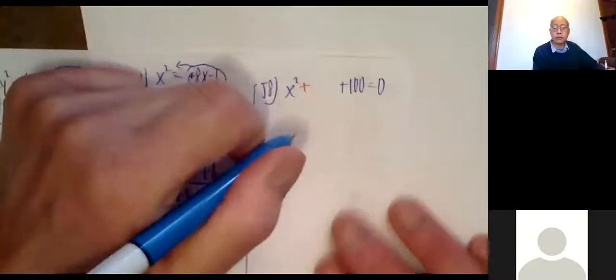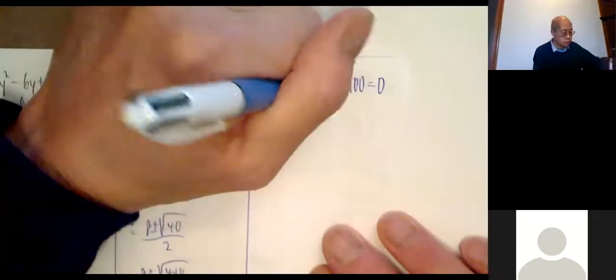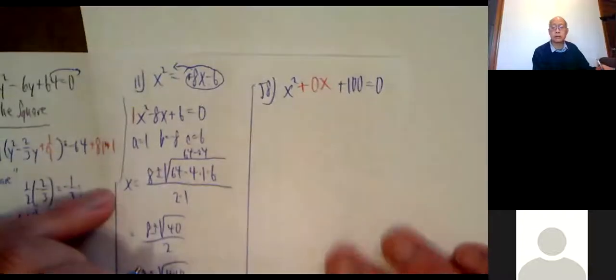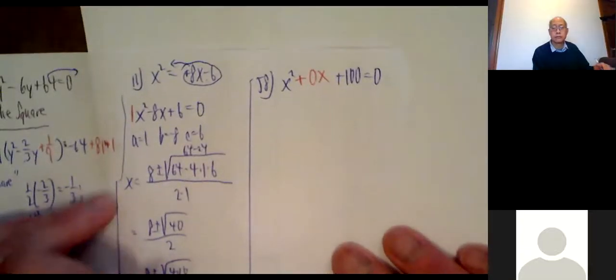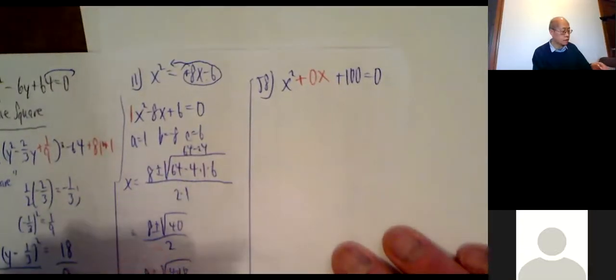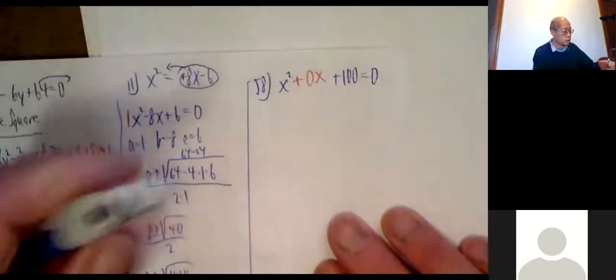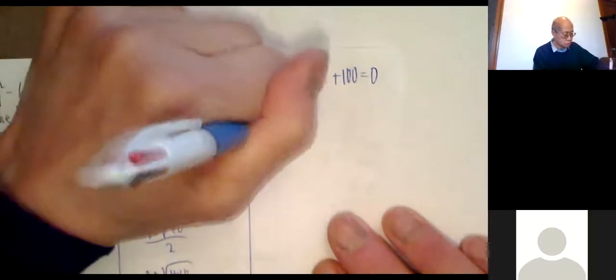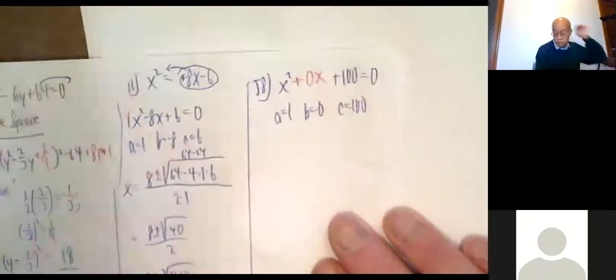So if they don't give me any x, can you guess what I'm going to put in as a coefficient? 0x. Then we're good. So a is 1, b is 0, c is 100.